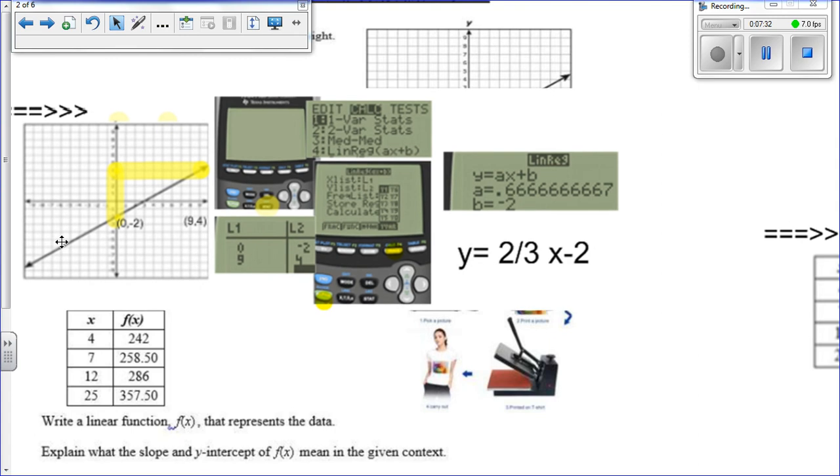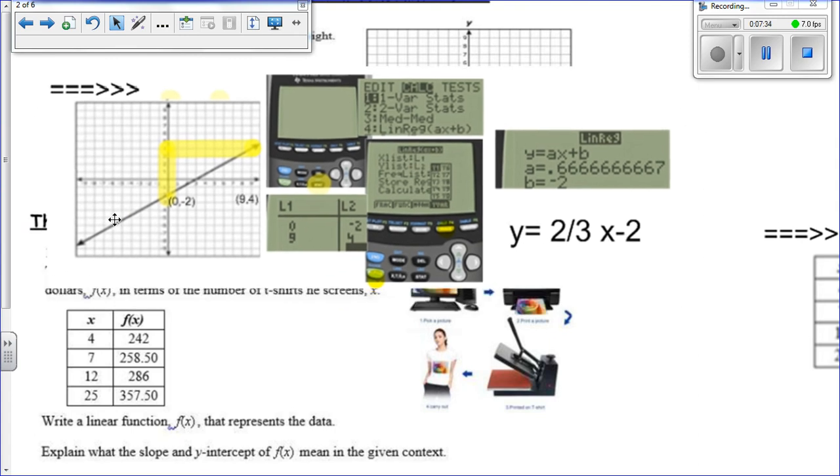Compare your right answer with my right answer. All right. Use the triangle method. Got 2 points. Took those 2 points, threw them in my calculator. Now that they're in my calculator, I'm going to do a linear regression. That's number 4.